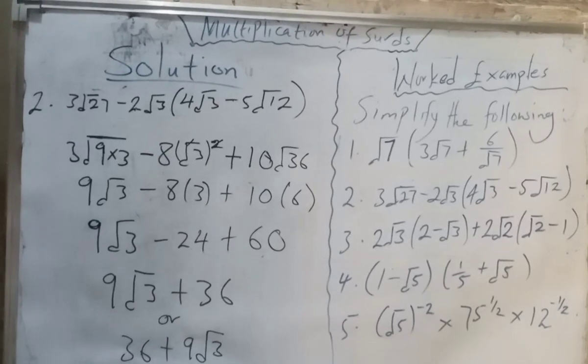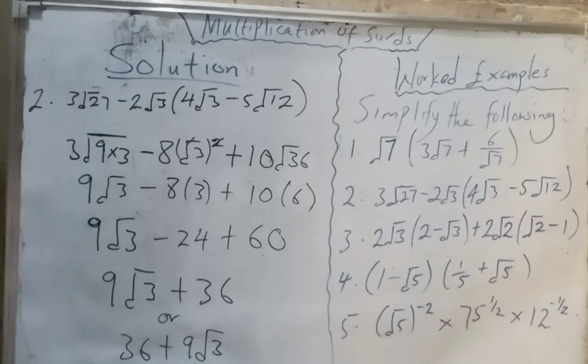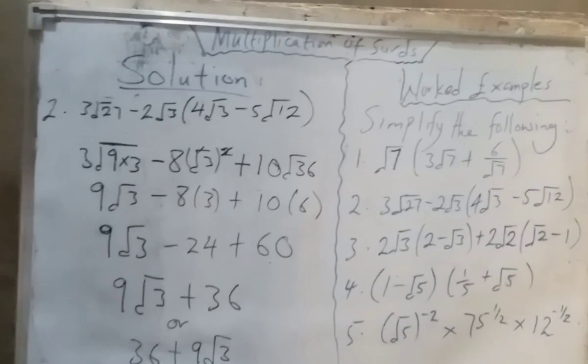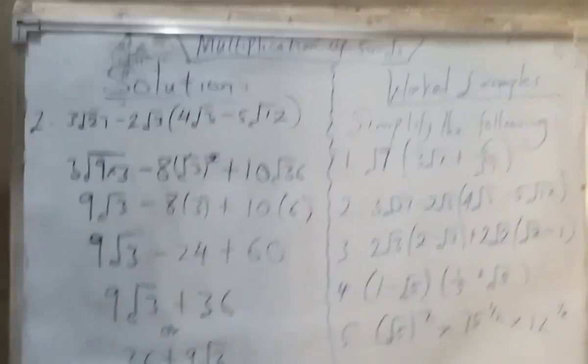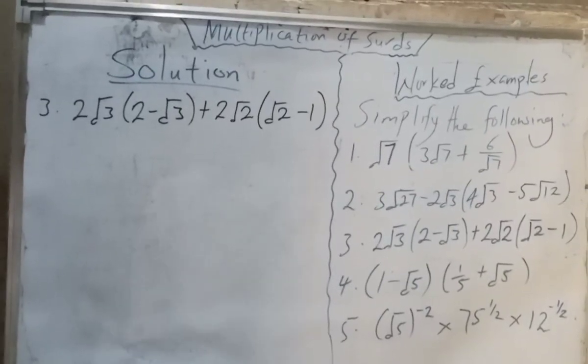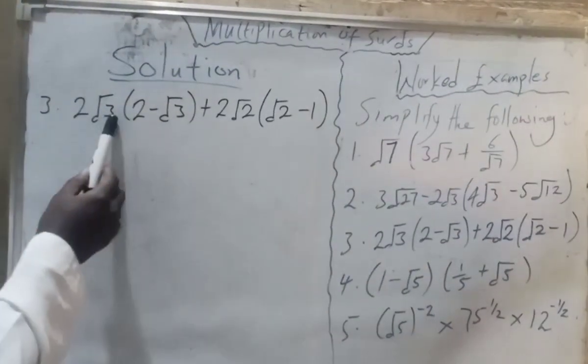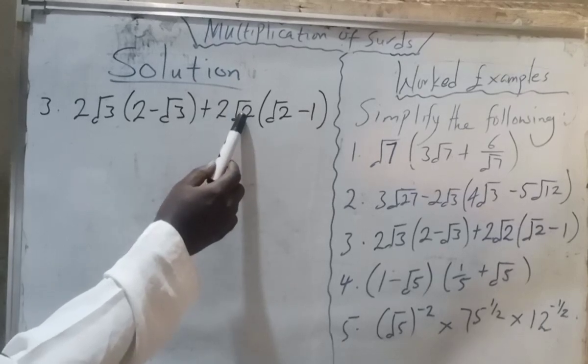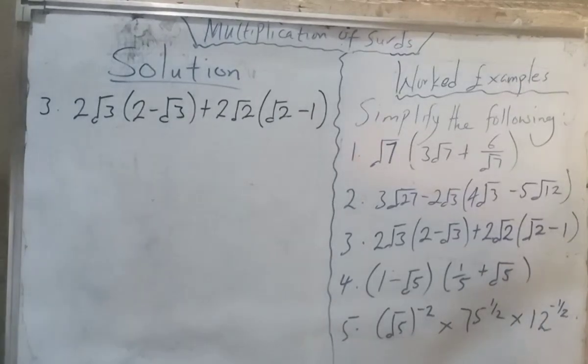Now we move to the third question, where we shall be simplifying 2 root 3 bracket open 2 minus root 3 bracket close plus 2 root 2 bracket open root 2 minus 1 bracket close. So let's see how we can simplify that. To simplify this, 2 root 3 will be used to expand the bracket here, whilst 2 root 2 will be used to expand the second bracket.